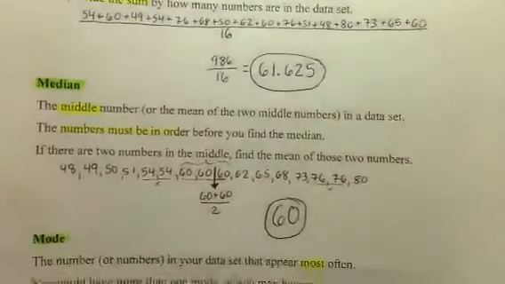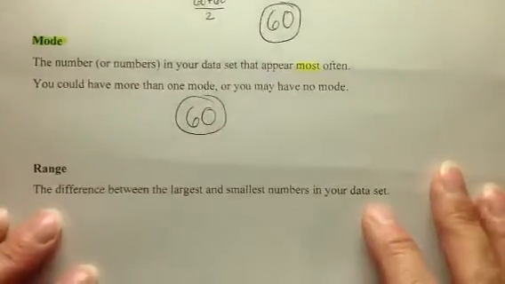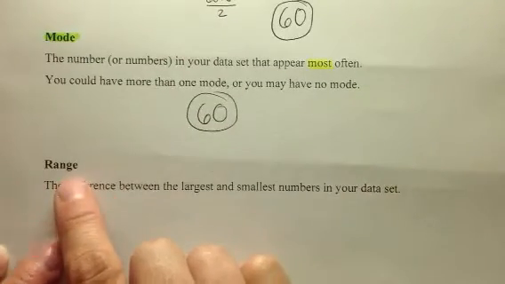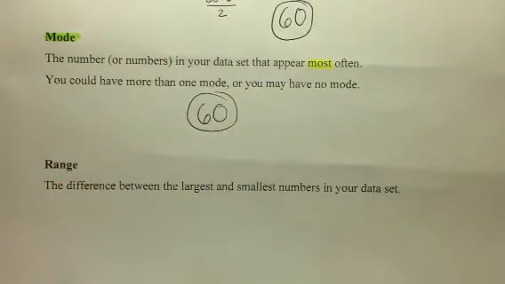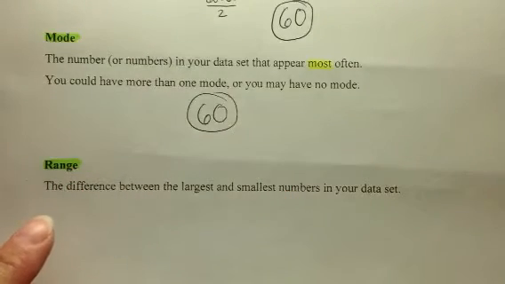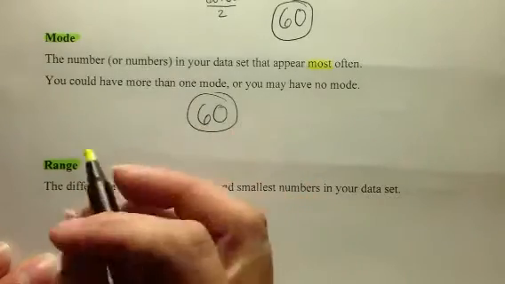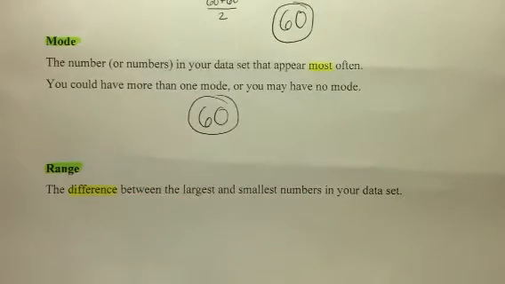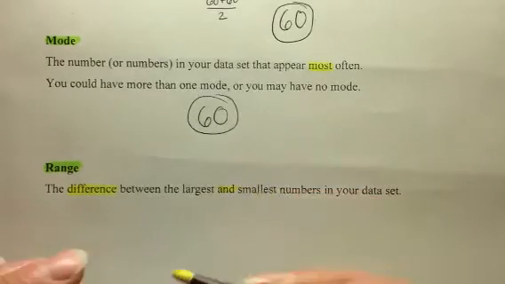Another thing that we sometimes talk about or find is what's called the range. The range, it's not really about a number in the middle, but it tells us how spread out our data is. So to calculate the range, we're going to find the difference, and remember that means to subtract, between the largest and smallest.